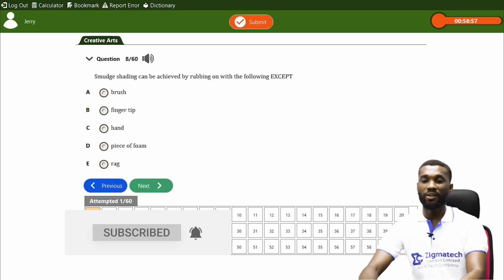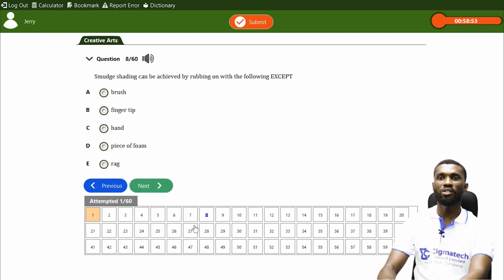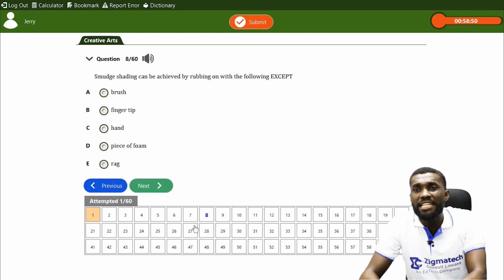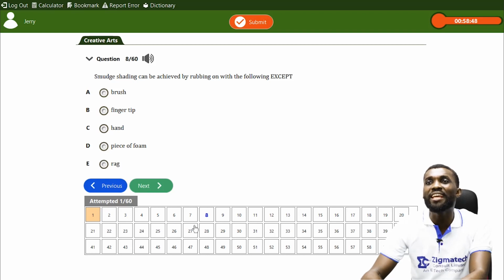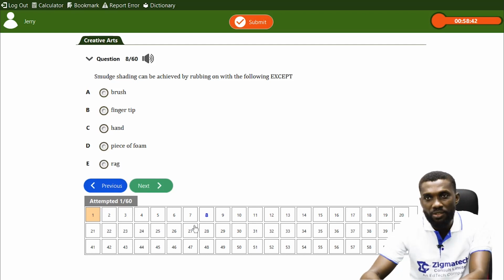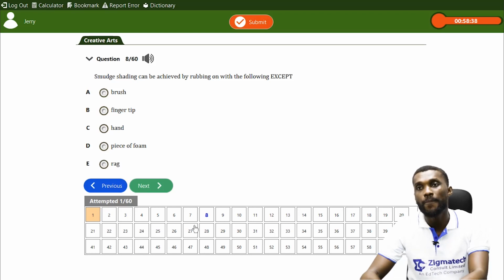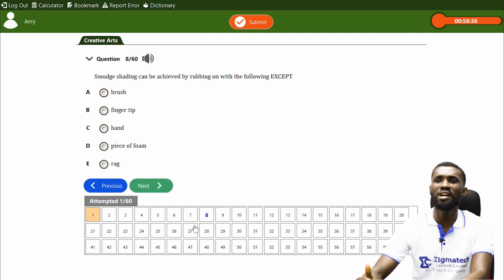Now let's answer question 8. Smudging shading can be achieved by rubbing on with the following except: brush, fingertip, hand, piece of foam, or rag. What exactly can you achieve smudging with?